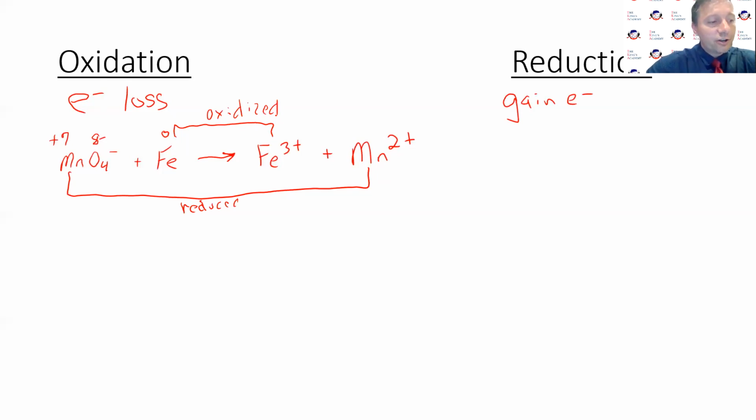First off, starting here with my iron, I'm going to write Fe, my arrow right here, and I'm going to have Fe3 plus and 3 electrons that are lost. The next thing I have is my manganese oxide. So I'm going to write MnO4 minus.